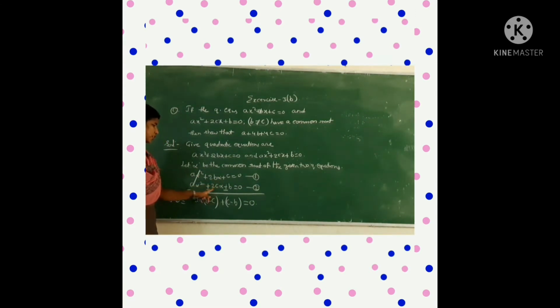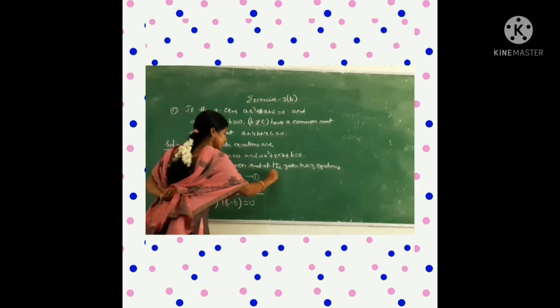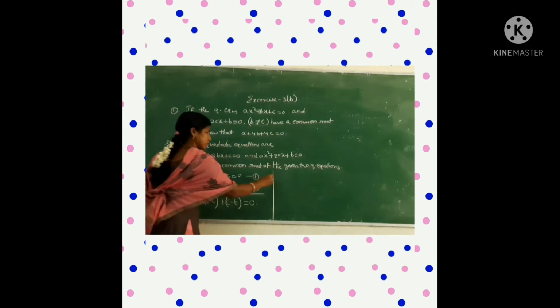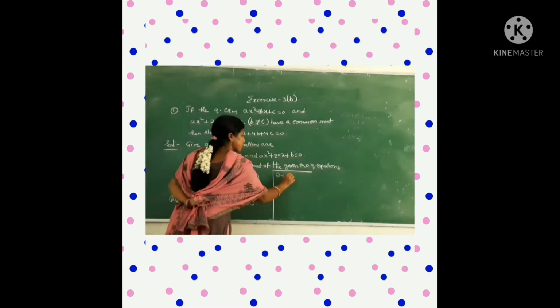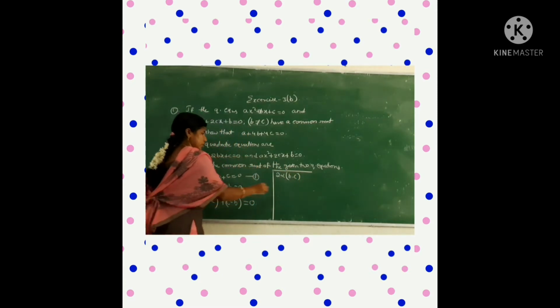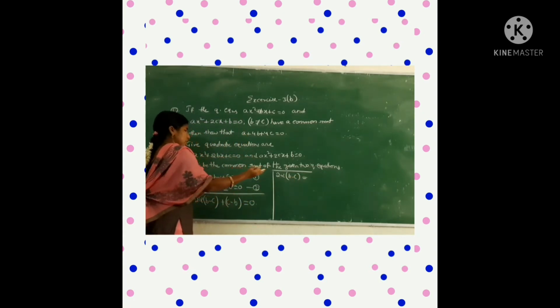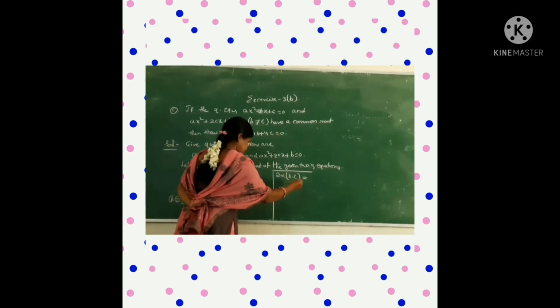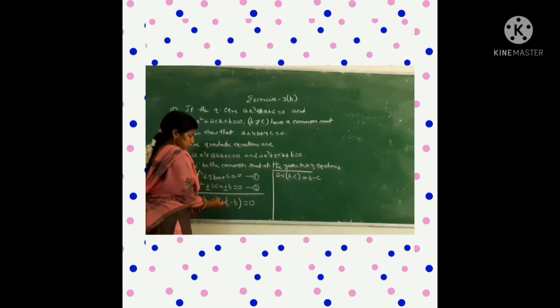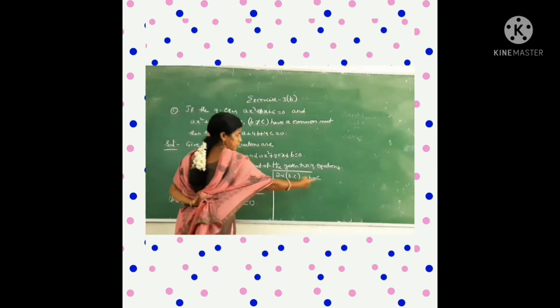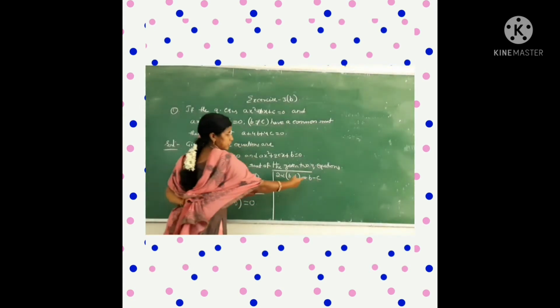Here 2 alpha b minus c is equal to b minus c with the signs changed: plus c becomes minus c, and minus b becomes plus c.